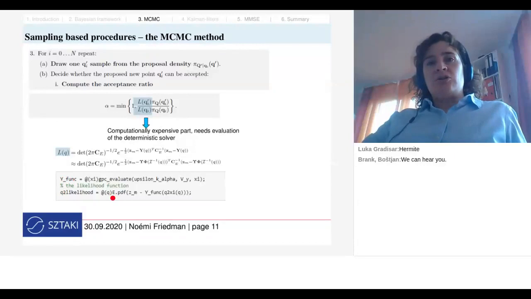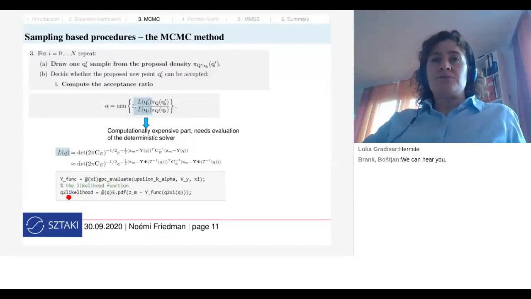And this is just the SGLib code to define the likelihood function. And you see it's really easy. So I worked hard to get the GPC, or sorry, the PC coefficients of the displacements. This was my PC basis.